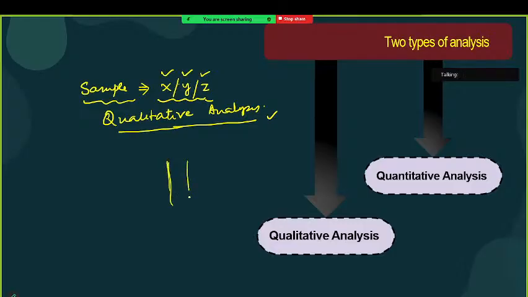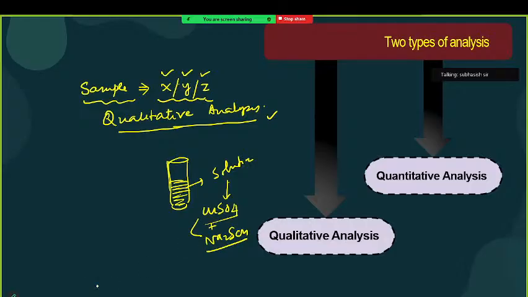Now, there is another type of analysis. Suppose you are given a solution of a sample. This solution contains a mixture of two salts, copper sulfate and sodium sulfate. Suppose the volume of the solution is 100 ml.